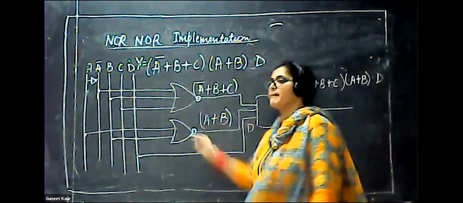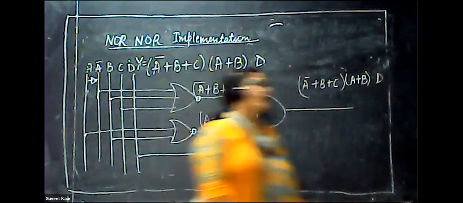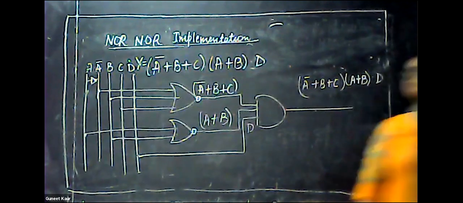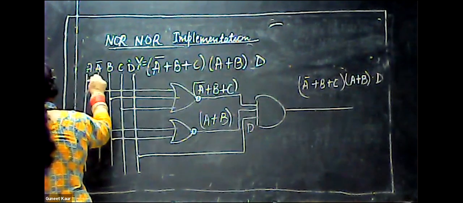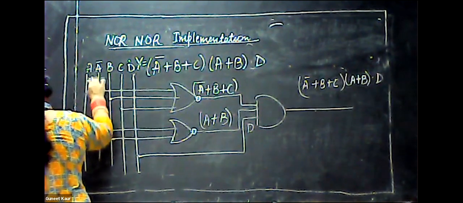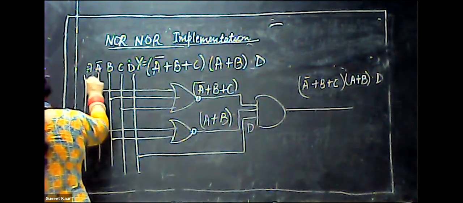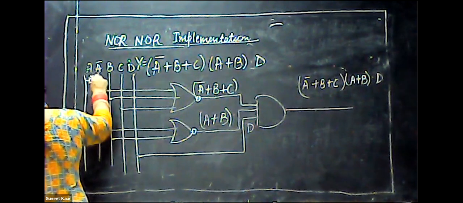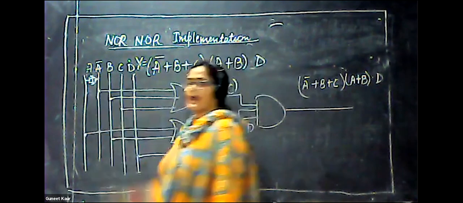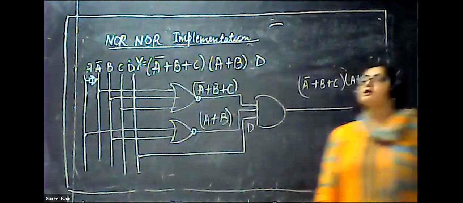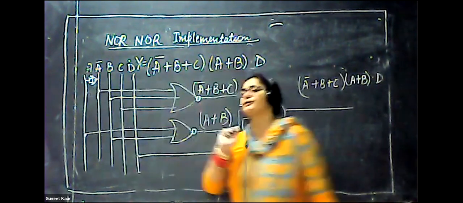And your inverter should also be converted into a NOR gate. So I will put the NOR gate here. Okay, I have converted it also into a NOR gate. OR gate converted into NOR, and NOT gate also converted into NOR.